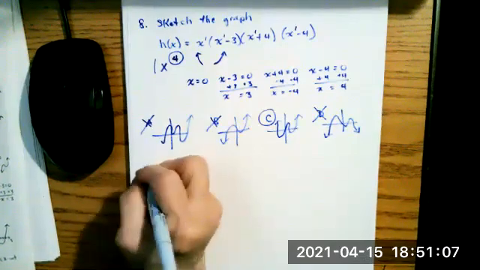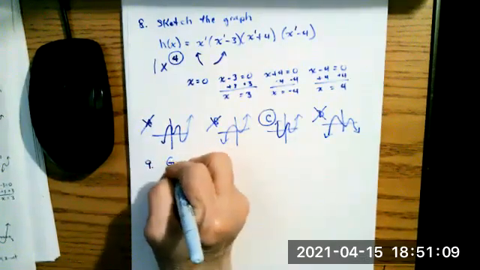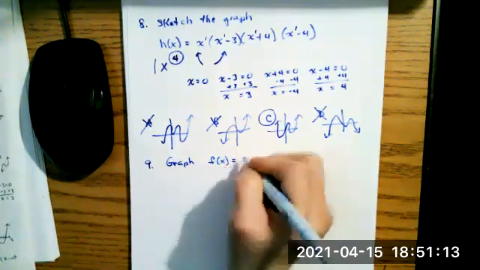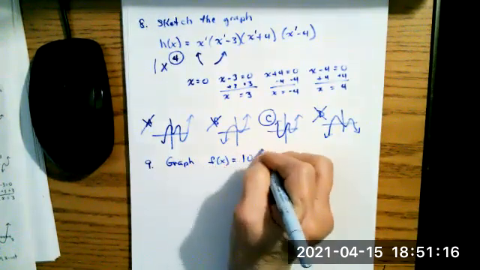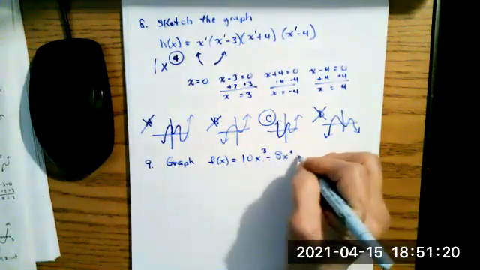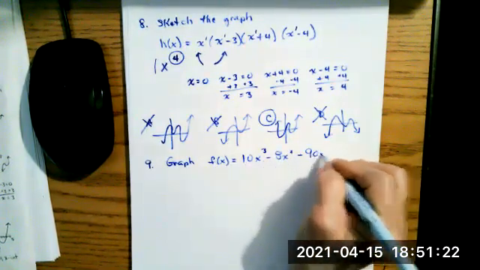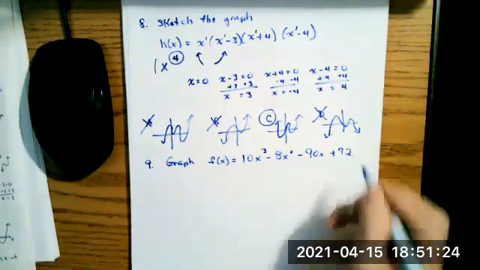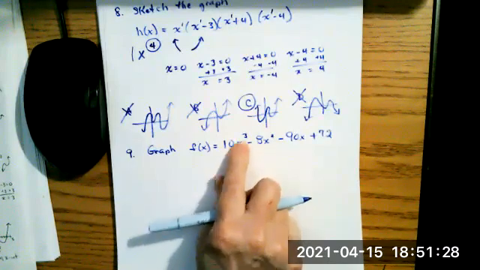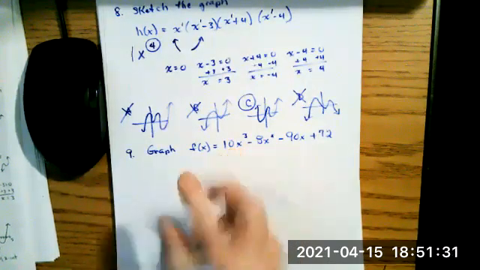Let's look at number 9. Number 9 says graph f of x equals 10x cubed minus 8x squared minus 90x plus 72. Well, it looks like our leading term is a cubic, and it's positive.